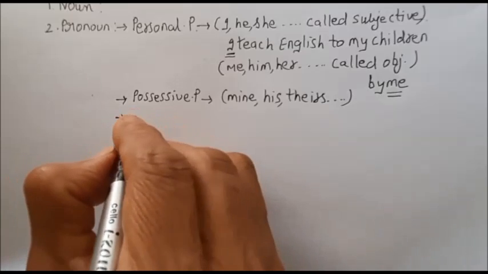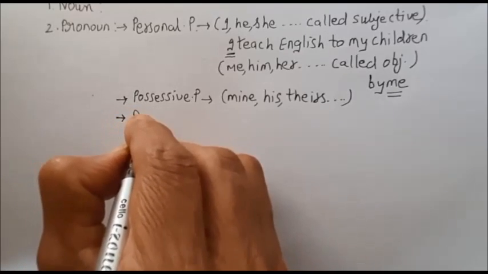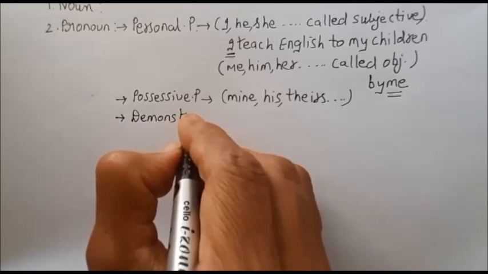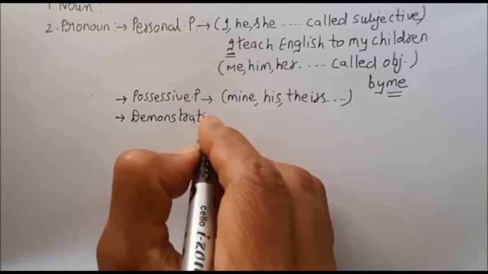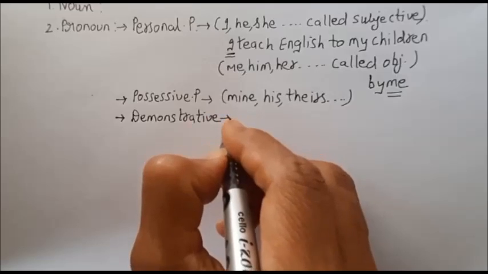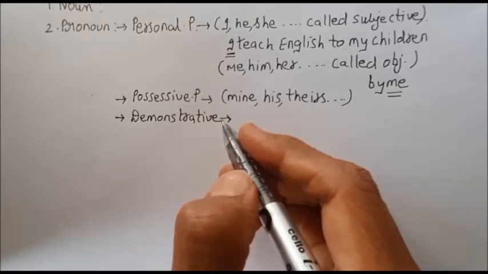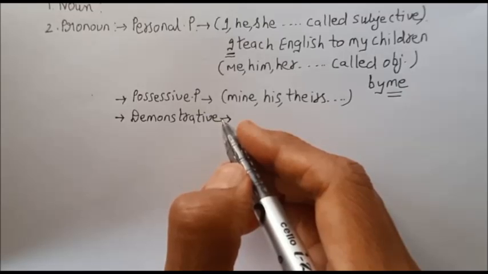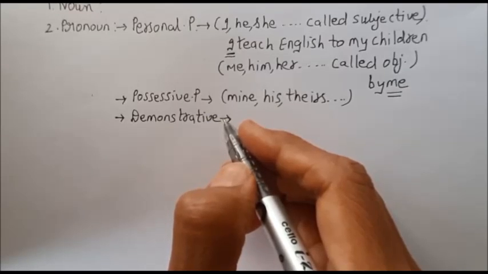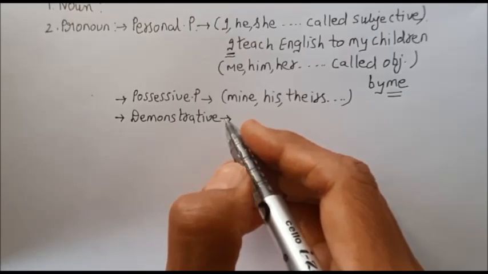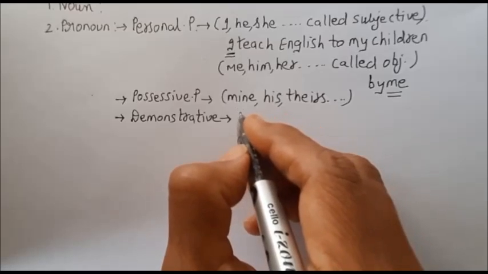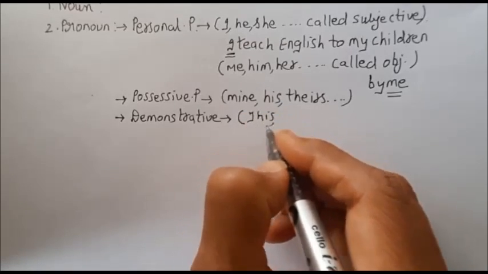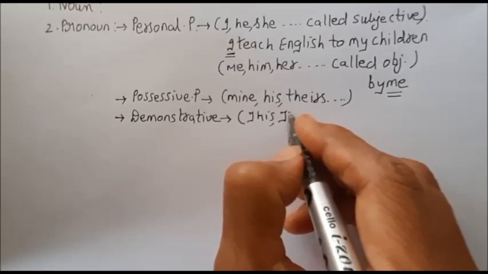that is demonstrative pronoun. Now what do you mean by demonstrative? Demonstrative means when you demonstrate, when you point out at something, when you are showing something to someone. When we use pronoun to demonstrate or to show something, it is called a demonstrative pronoun. For example, this, singular, these.